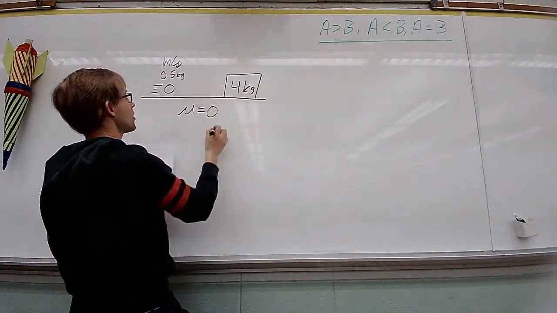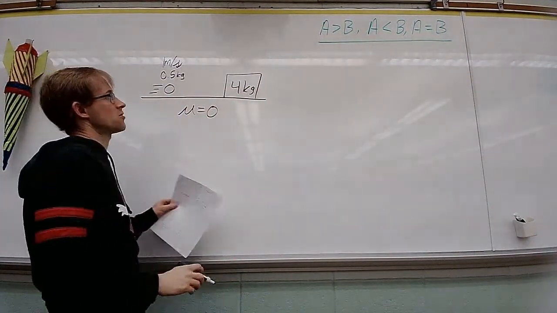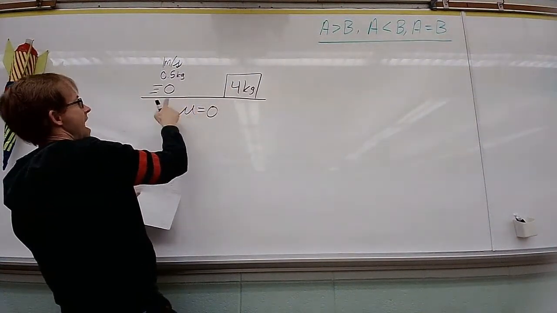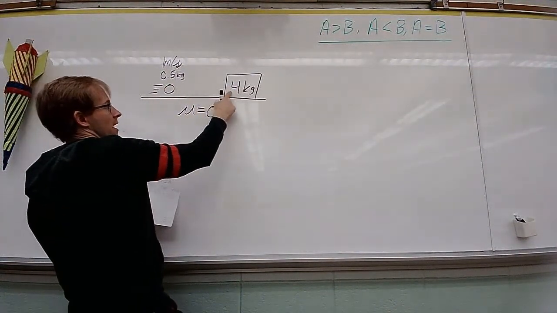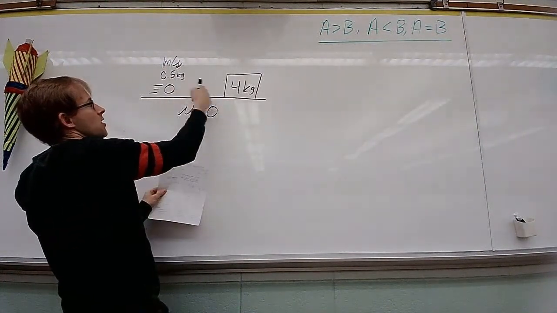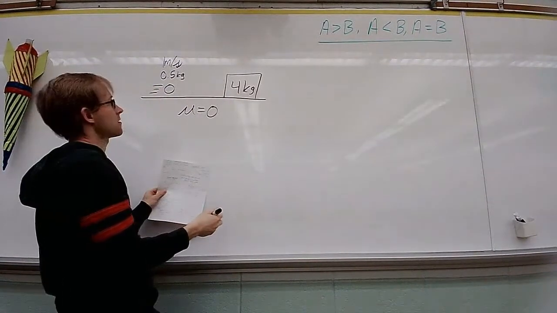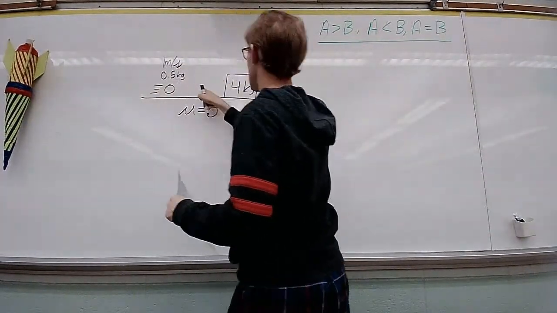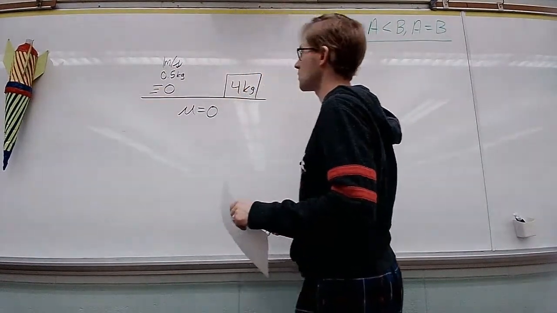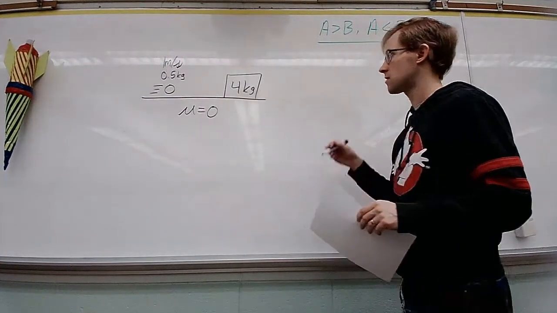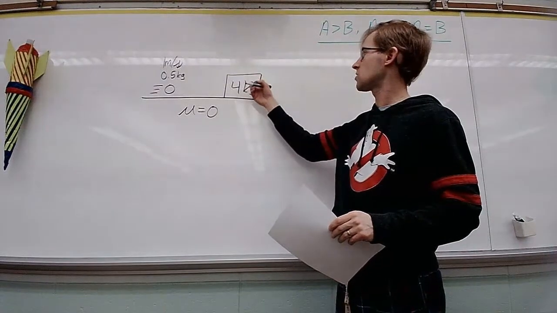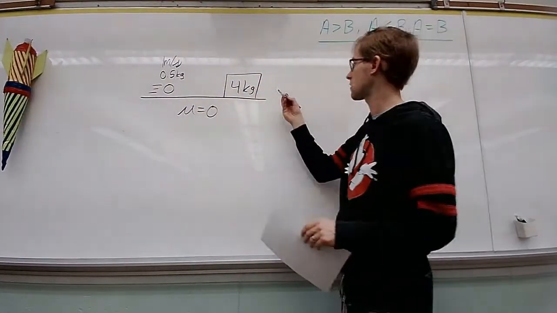Once again, there is no friction, so this looks pretty much just like the first example. The only thing is that after this object collides with the 4 kilogram mass this time, this object bounces back to the left. So it collides with the 4 kilogram mass, and then it bounces off to the left. Now, for this particular scenario, the question is, what is the momentum of the 4 kilogram mass?